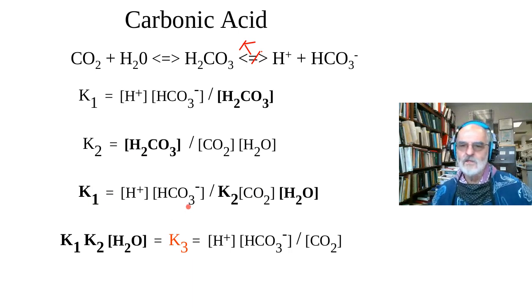We get K1 is equal to proton times bicarb divided by K2 times CO2 and water. And then if we bring the bolded symbols here, K2 and water, to the left, then we can define a new equilibrium constant, K3, that is the CO2 solubilizing and releasing a proton to make bicarb and proton. So we'll reduce the two steps to the overall reaction.